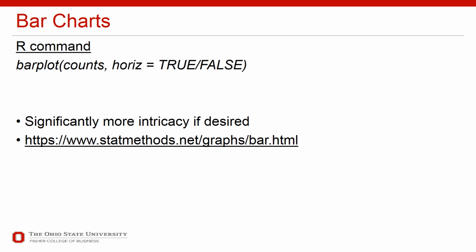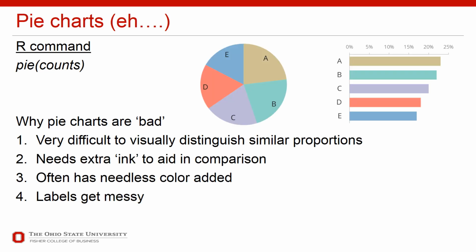Remember, the counts argument must be a tabular format. So really, you should do the table command before you introduce it into the bar plot function. There's significantly more intricacy that's available if you'd like, and here's a reference if you'd like to make your plots a little bit more clear from the base R package.